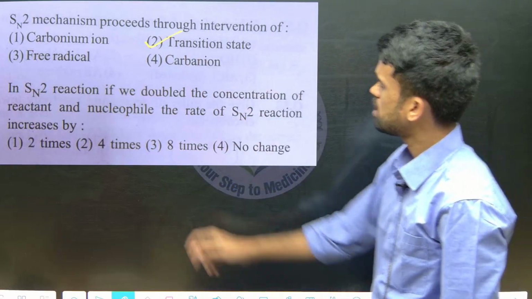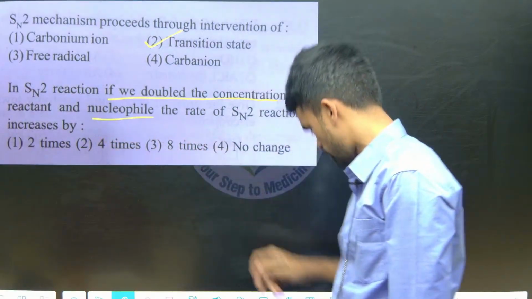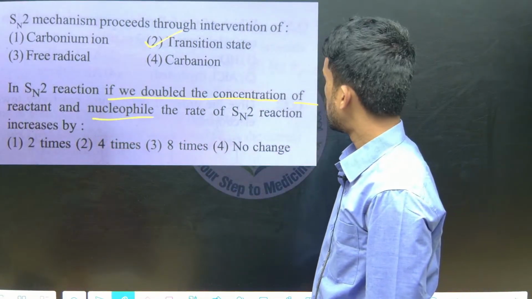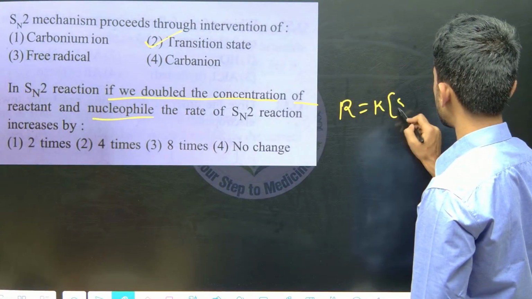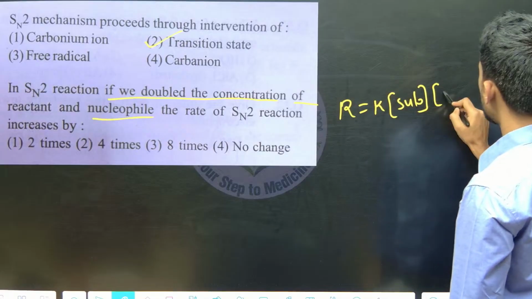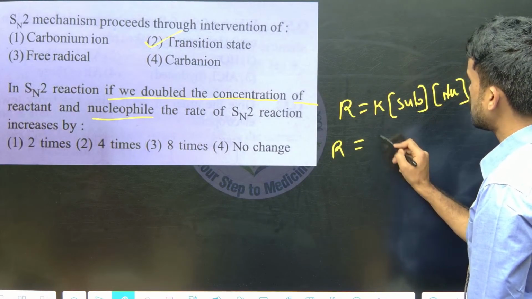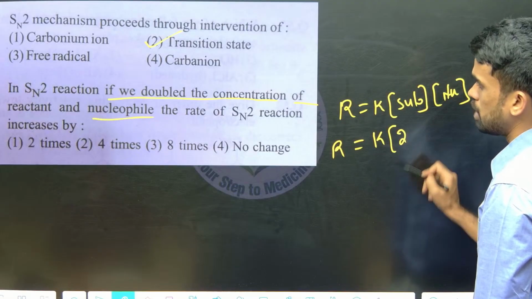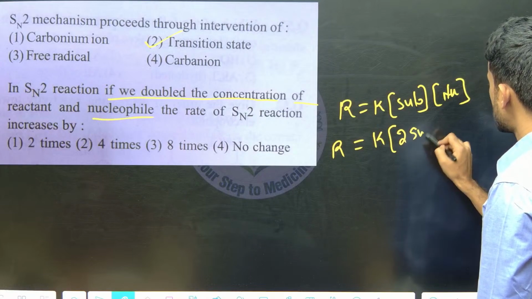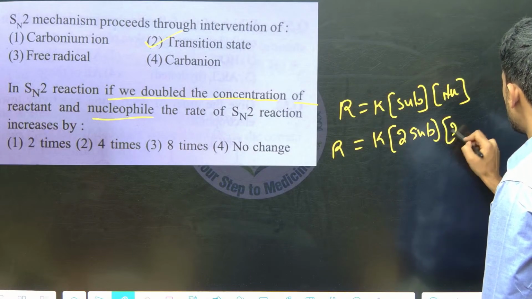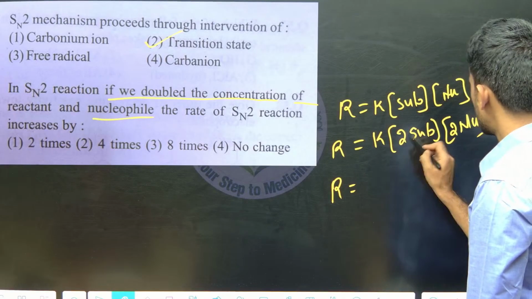In an SN2 reaction, if we double the concentration of substrate and nucleophile, what happens to the rate of reaction? See, the rate of reaction depends on the concentration of both the substrate as well as the nucleophile. So if we increase the substrate concentration 2 times, doubling means 2 times, and nucleophile concentration also 2 times, now what happens to the rate? 2 twos are 4.